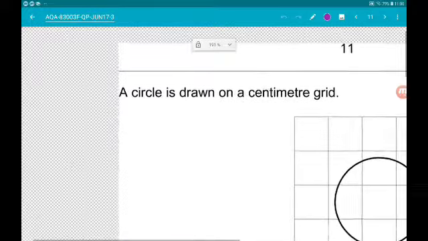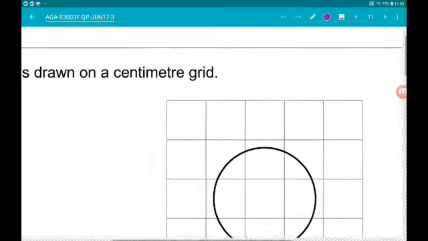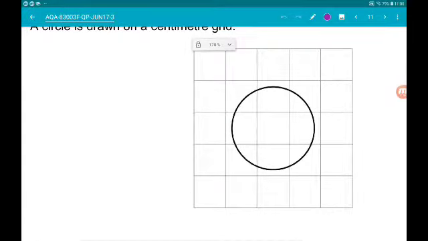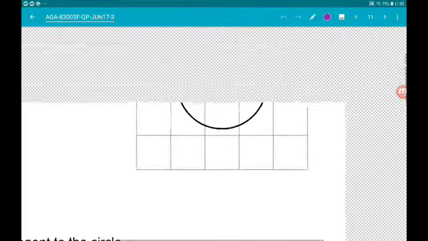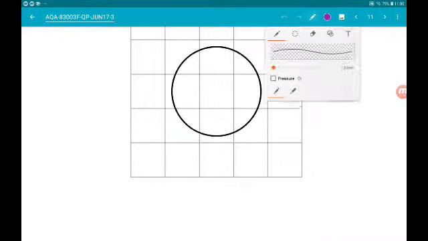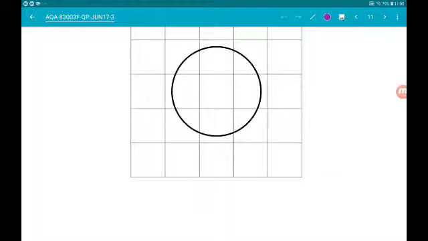Okay, question 13. So a circle is drawn on a centimetre grid. Draw a tangent to the circle. So a tangent is a straight line that only touches the circle once.